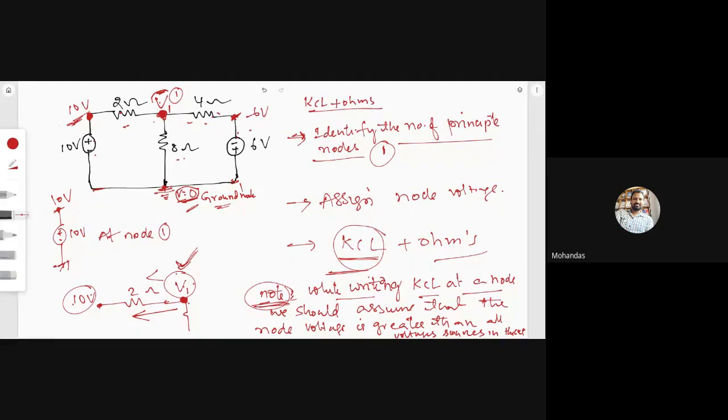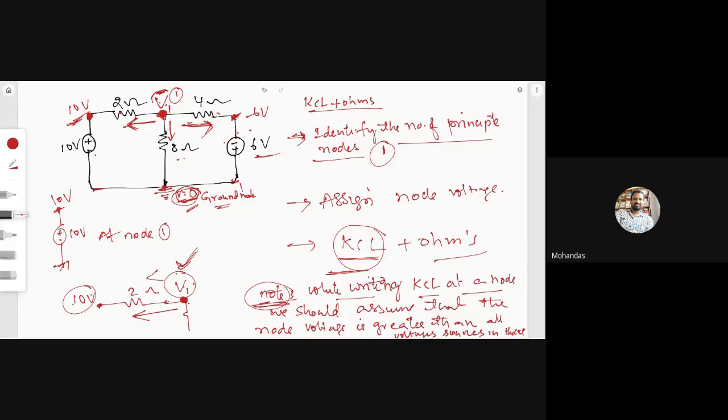So the current is flowing in this direction. And here this is a ground voltage, and here also the current is flowing in this direction. And here also the current is flowing in this direction, because this V1 is greater than this minus 6 volts also.